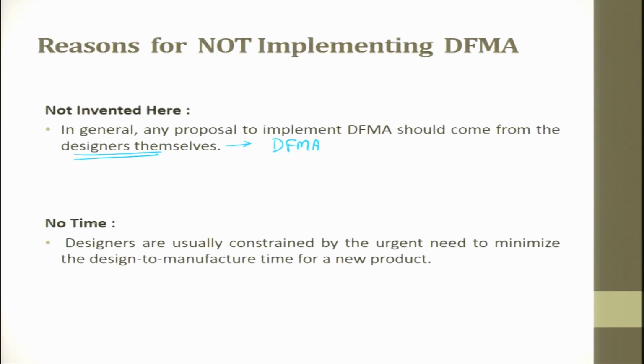Next is no time. Designers are usually constrained by the urgent need to minimize the design to manufacturing time for a new product. So, that is why no time. This puts a major restriction on implementing DFMA.